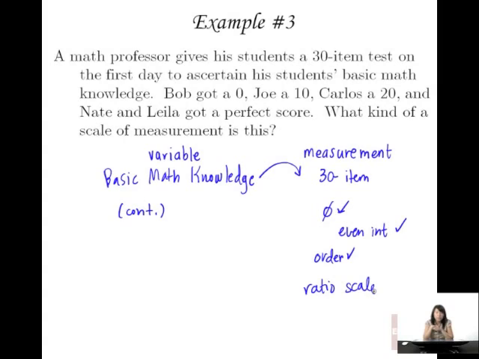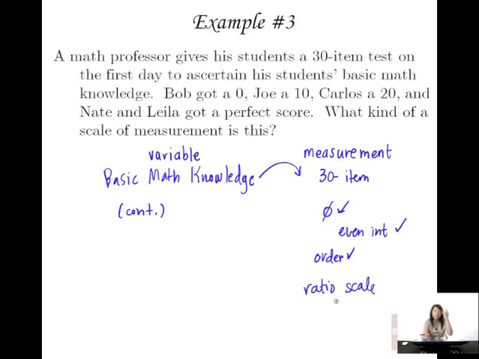However, just because it's a ratio scale doesn't mean that it actually measures basic math knowledge in a really precise way. After all, someone who has a 0 on this test, it may not be that they don't know anything, right? So how it actually matches up to the variable is still up for grabs as a question. But in terms of the measurement scale, it might be a ratio scale.